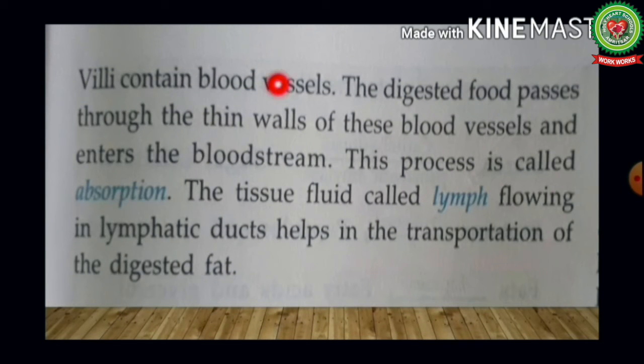Villi contain blood vessels. The digested food passes through the thin walls of these blood vessels and enters the bloodstream. This process is called absorption. The tissue fluid called lymph, flowing in lymphatic ducts, helps in the transportation of the digested fat.